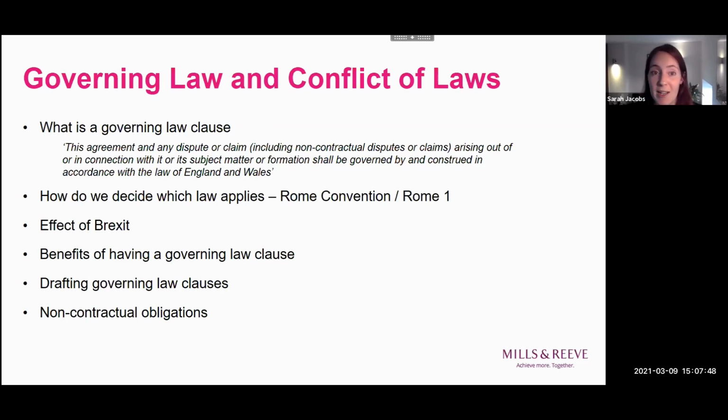However, not all contracts have these clauses in them. So what happens then? How do we decide? The first thing that a court would do is look for an implied choice. There might not be an express choice like there is in this clause here, but they might look at the contract and say, is it so obvious from the terms of the contract and the circumstances that we can imply a choice on behalf of the parties?